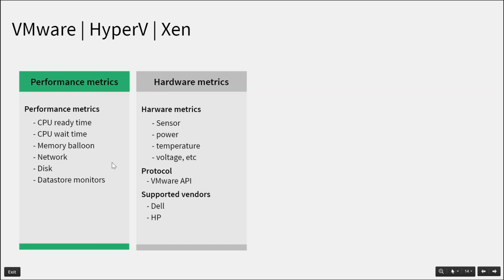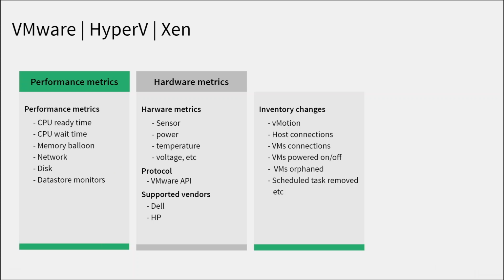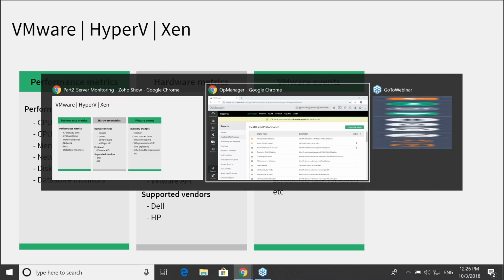It also monitors the hardware metrics like sensor, power, and temperature, and all this uses the VMware API protocol to monitor it. The supported vendors for the hardware metrics are Dell and HP.